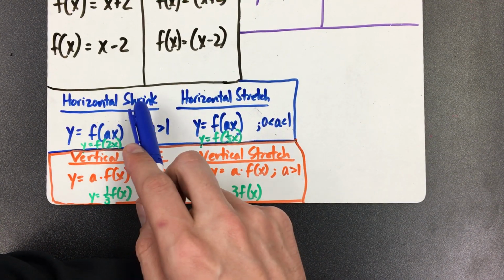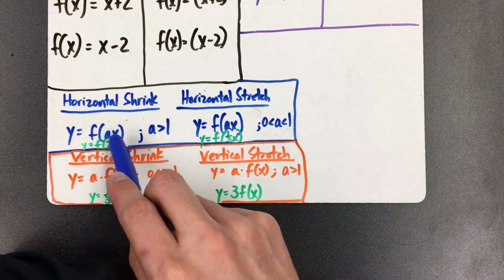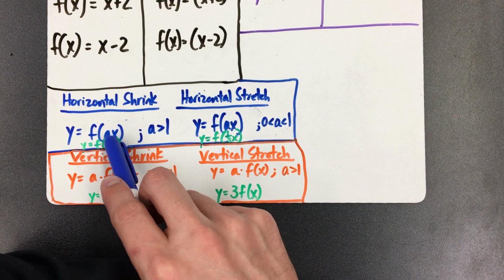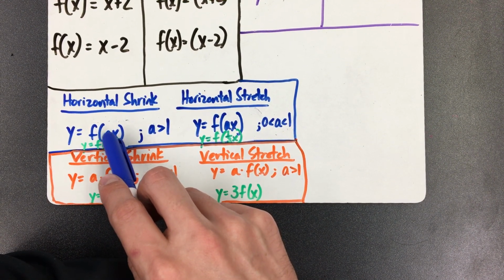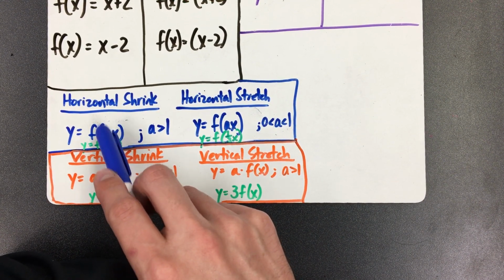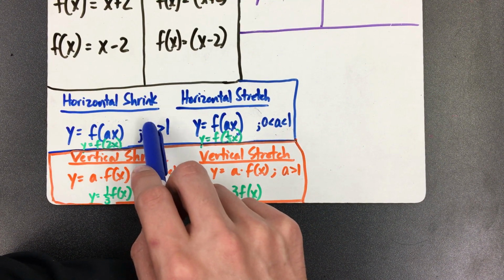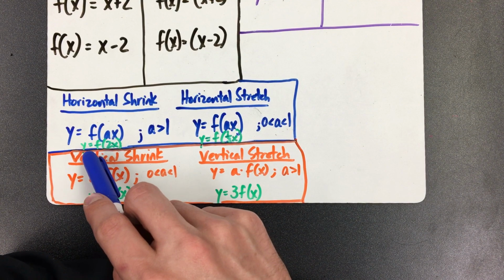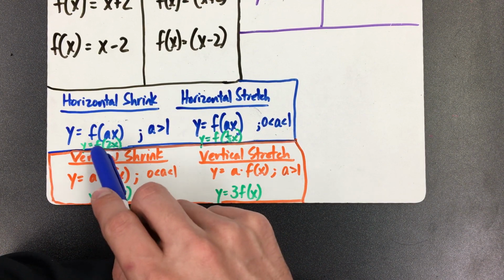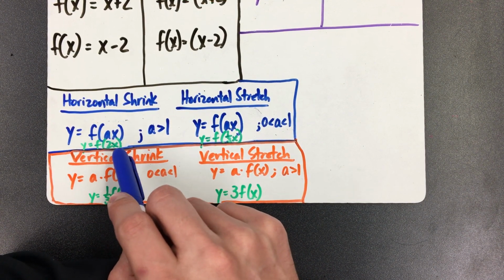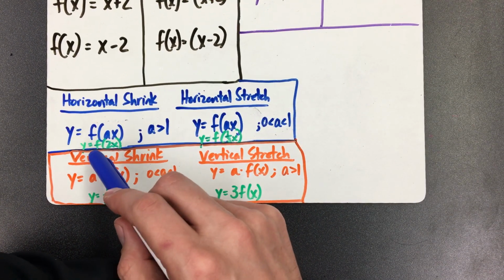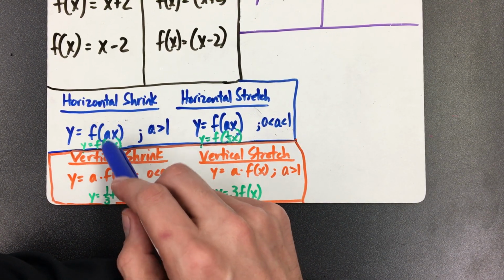The horizontal shrink is going to look like this. There's always going to be a letter, in this case called A, but it's actually a number in the parentheses that the input is being multiplied by, and that number is going to be greater than 1. For example, I don't know if you can see this in green. It says y equals f, and then in parentheses I have 2x. And so that number, in this case the number 2, the A represents that 2.